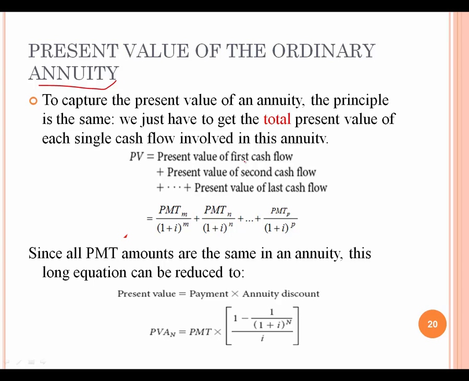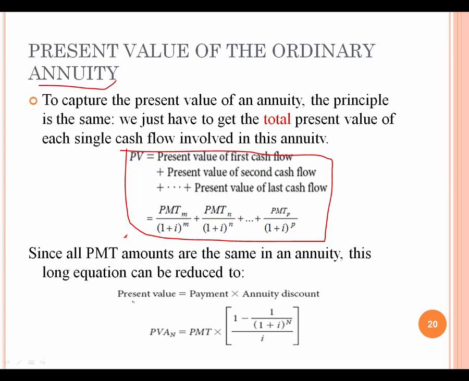So if we follow the idea of present value of multiple cash flows, we understand the total present value is the total of the individual present values. Now for the annuity, each payment will be the same amount, and then we will simplify this formula just like what we did to simplify the future value formula.